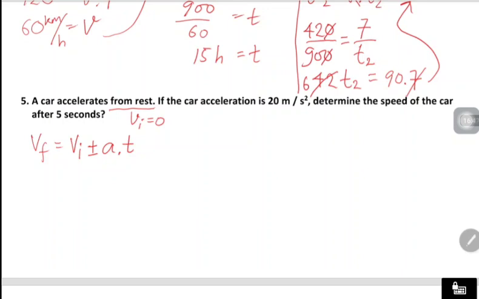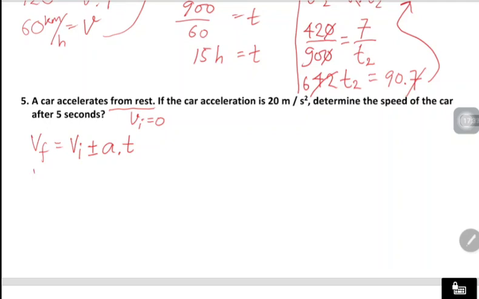If the final velocity increases, we use the plus sign. But if the final velocity decreases, we use the minus sign for acceleration. Because in this case the car moves from rest into motion, the car is accelerated, so we use the plus sign.